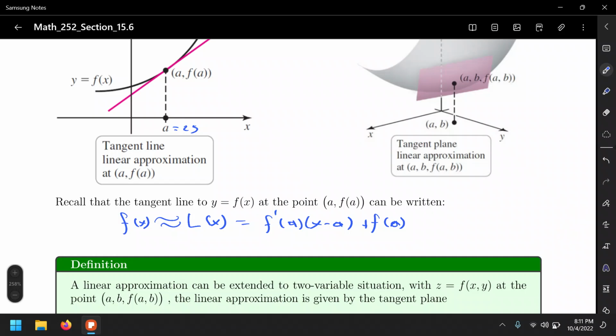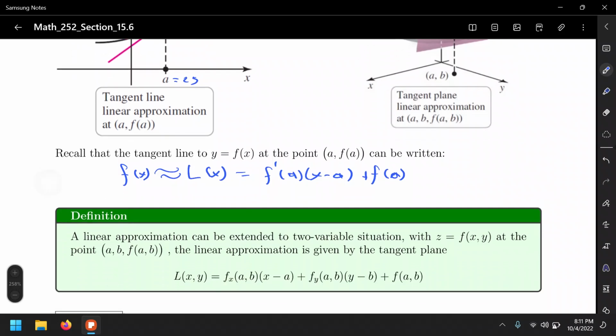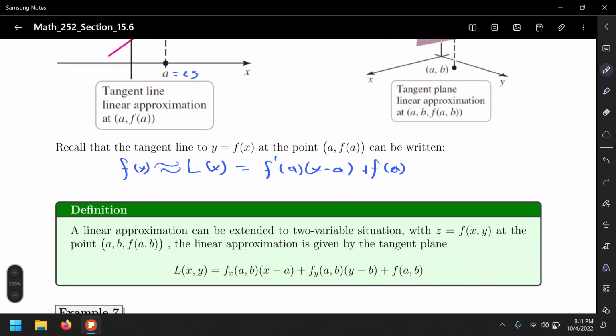All right, so how does the linear approximation look like in two variables? Well, the rate of change with respect to x times x minus a, the rate of change with respect to y times y minus b, plus f of a, that becomes just f of a and b. I mean the function evaluated at the two points.